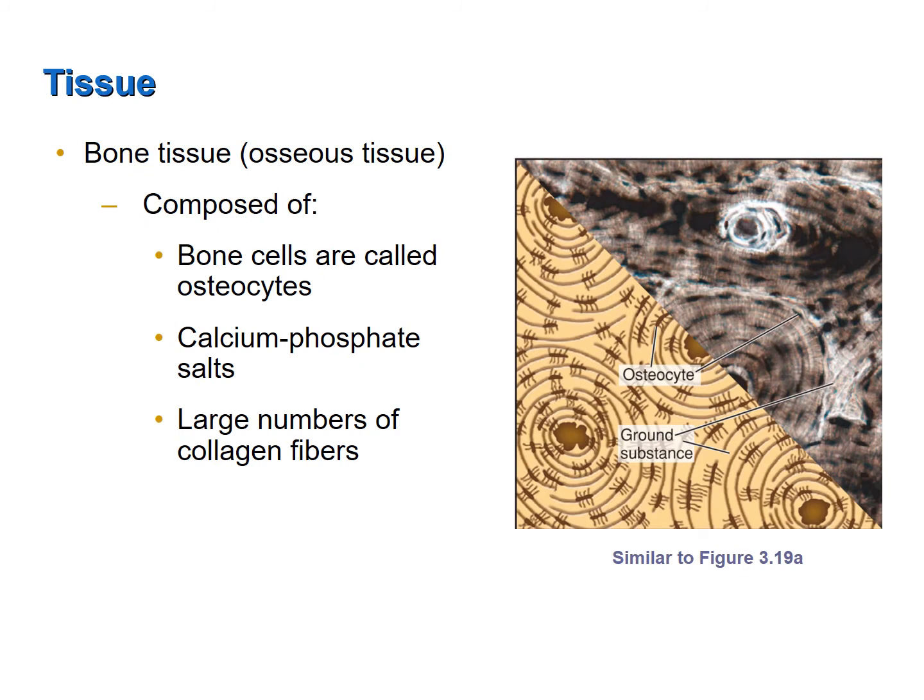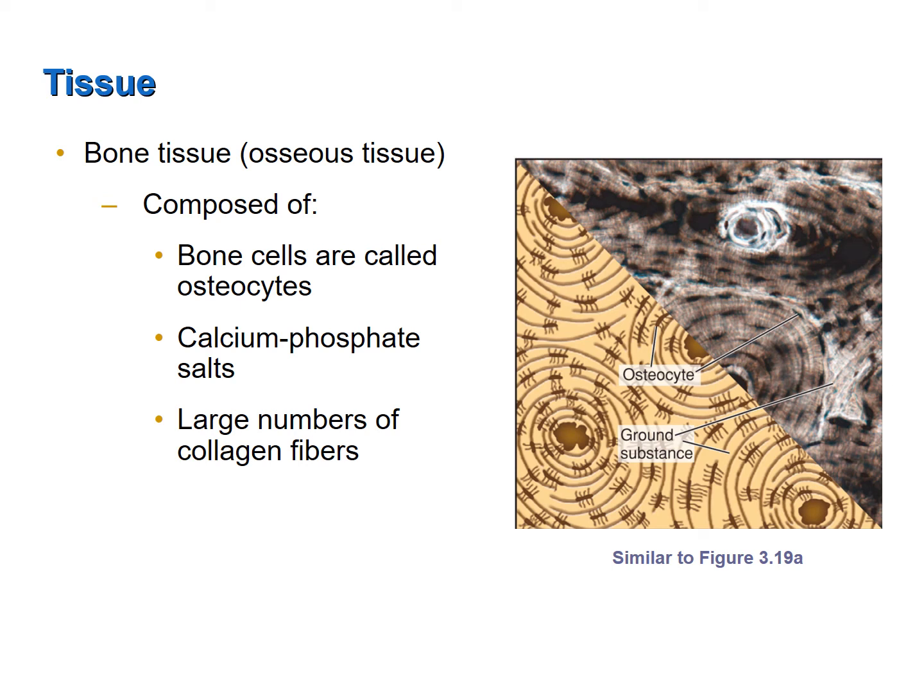Bone, or osseous tissue, is composed of bone cells called osteocytes. The ground substance of the extracellular matrix contains a large amount of calcium phosphate salts, and it is these calcium phosphate salts that give bone its rigidity and also allow bone to bear weight.